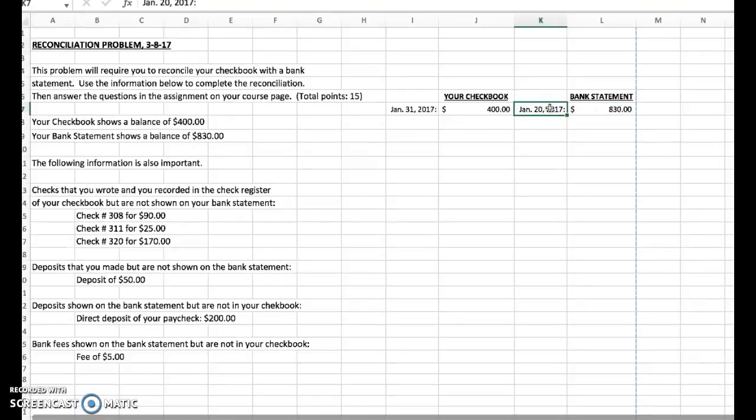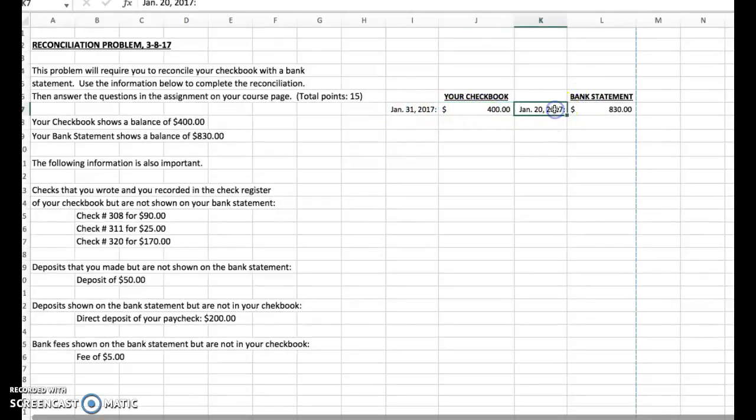That's not unusual. Typically, about the third week of the month, the bank will send out statements. They do this either by regular mail or by electronic mailing. So you may get an email with the bank statement. And it may be dated differently than your checkbook. So your checkbook is dated January 31st, says $400.